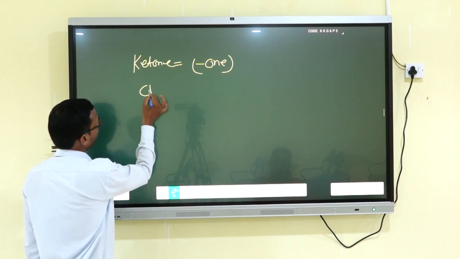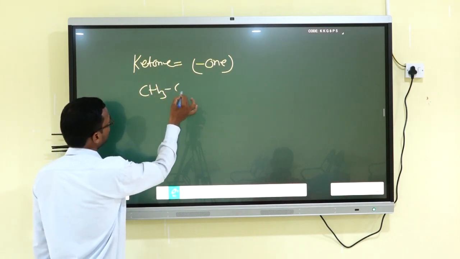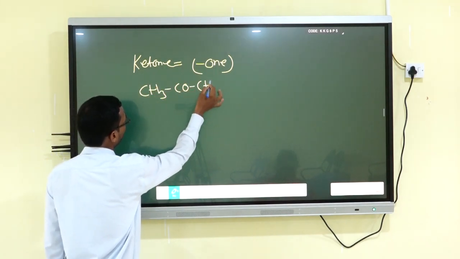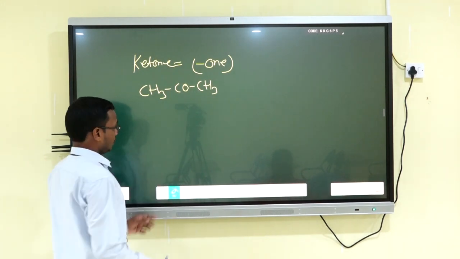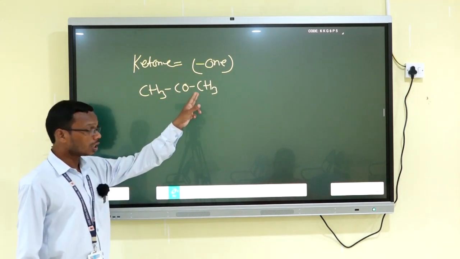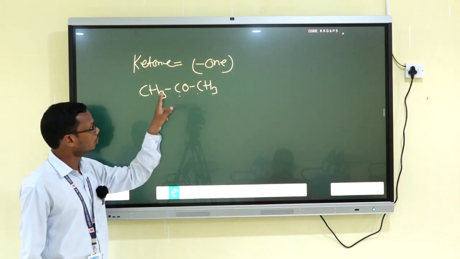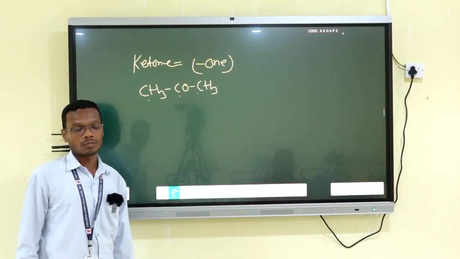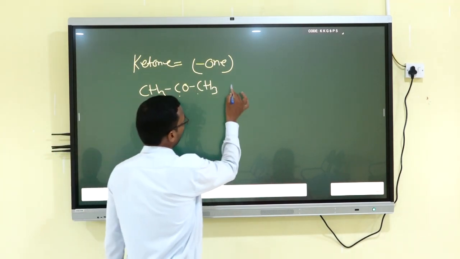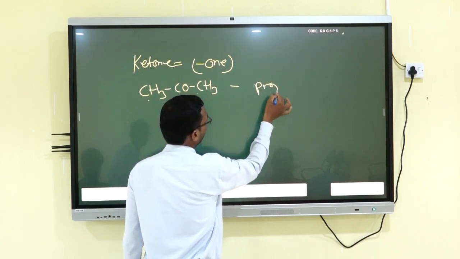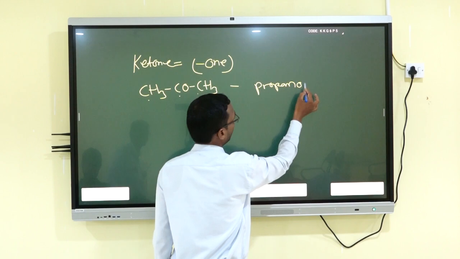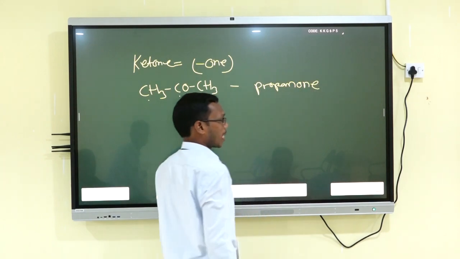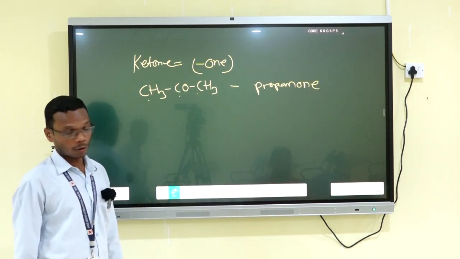First, CH3CO CH3. This is a compound containing 3 carbons, 1, 2, 3. As there are 3 carbons, the name is propane and ONE, that is propanone. What is the name? Propanone.